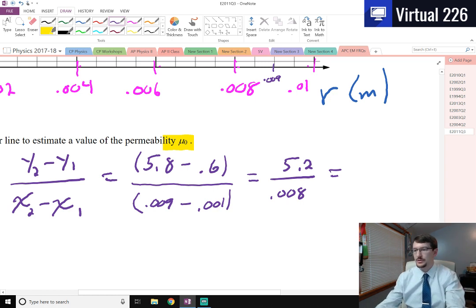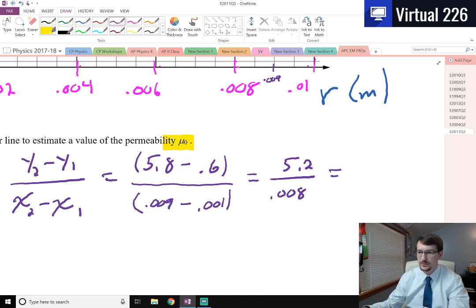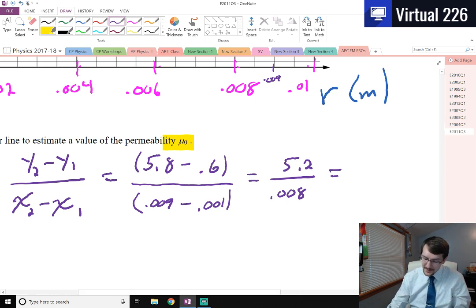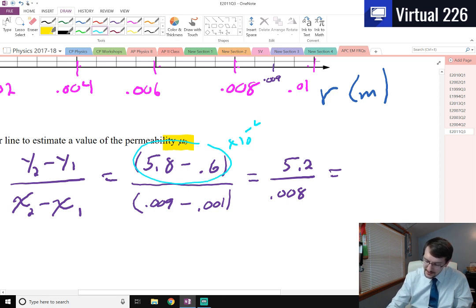And I guess we should calculate this real quick. 5.2 divided by 0.008 equals 650. Now, something you want to be careful about here is that my B values up here were all times 10 to the minus 4.